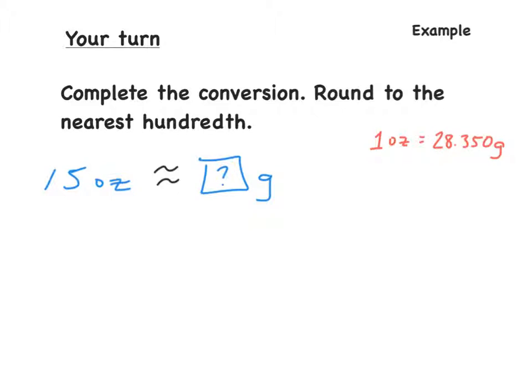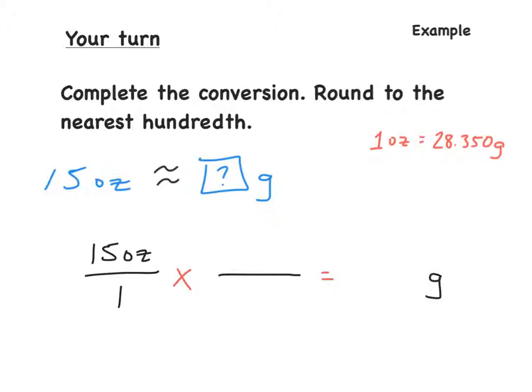Alright, so the easiest way that we can set up this equation, we can write 15 ounces over 1. We can at least make a ratio just like that. Now, when we're multiplying, we need to remember our conversion rate needs to be in grams.